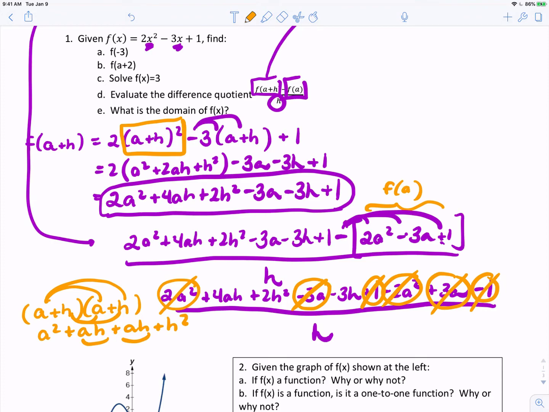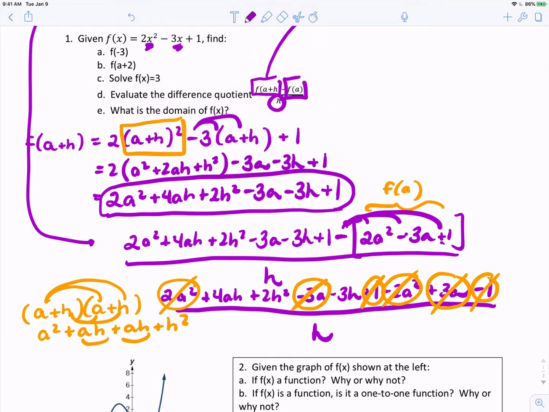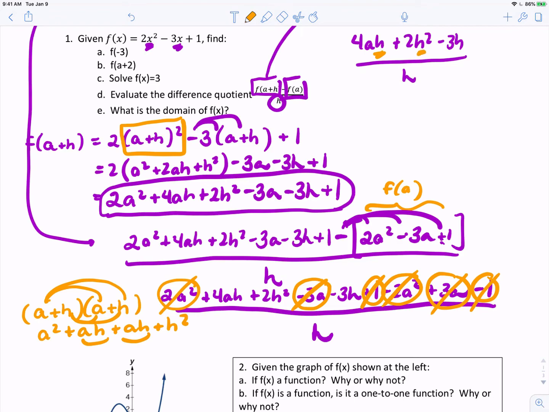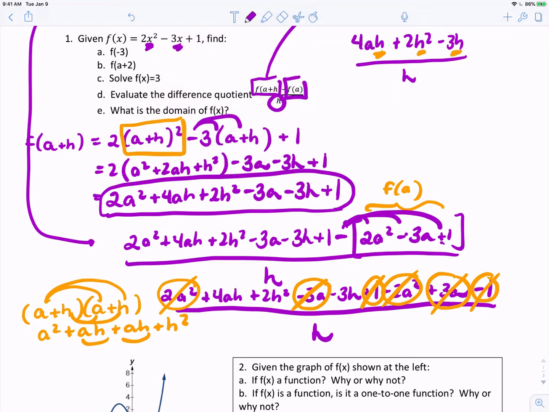And we see that nothing else cancels. So we're almost done, but not quite. So we're left with 4ah plus 2h squared minus 3h, all divided by h. So the final touch is to factor out a common factor on top, because we notice that all of these terms involve an h. So we're going to factor out the common factor of h and then get our final answer.